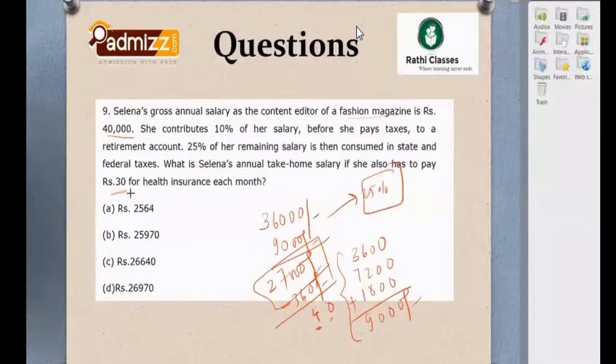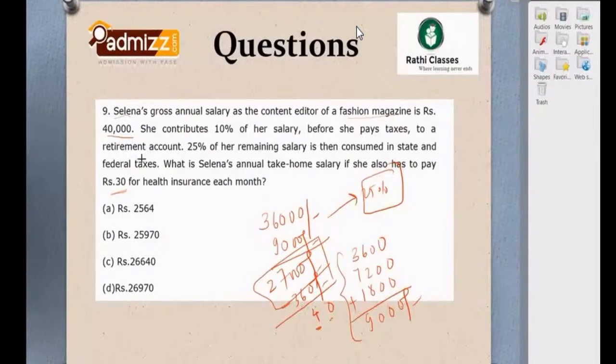So this is the concept which you need to see again: 40,000, 10% is 4,000. That means the remaining amount is 36,000. Out of those 36,000, 25% is being consumed for taxes. Don't start calculating. Just take the 10%. 36,000, 10% would be 3,600. 20%, double that, 7,200.